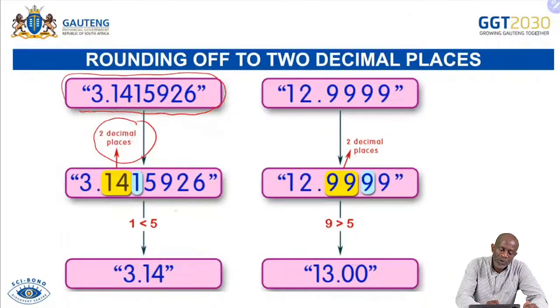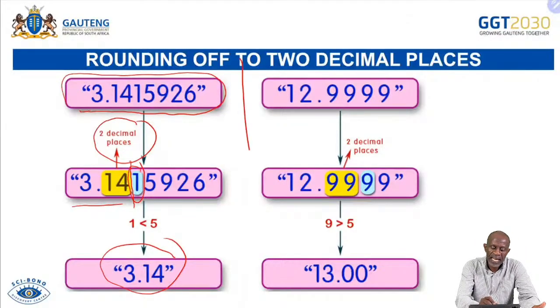How do you go about it? These are the steps indicated. If you are to give 2 decimal places, it will be 3 rand 14 cent, because the third digit, 1, is less than 5, so we remain with 3 rand 14 cent.